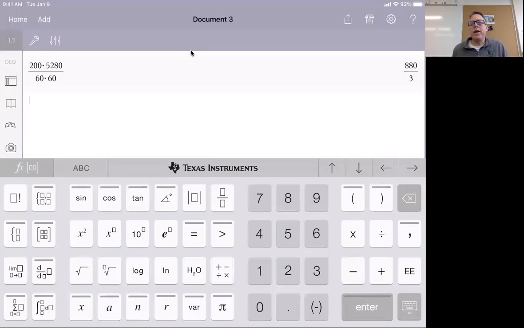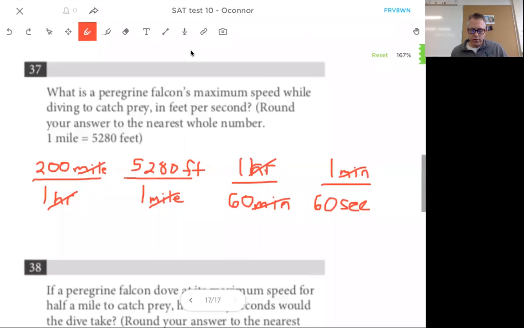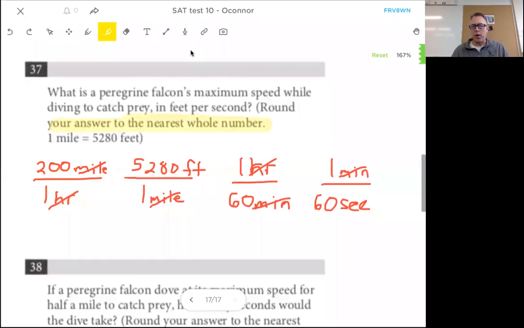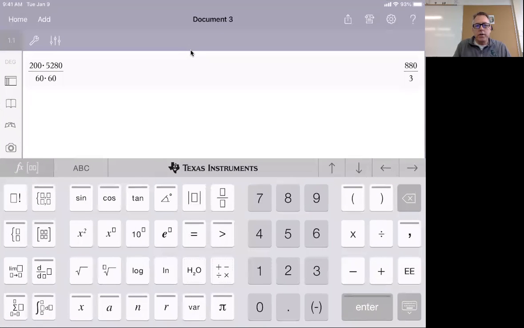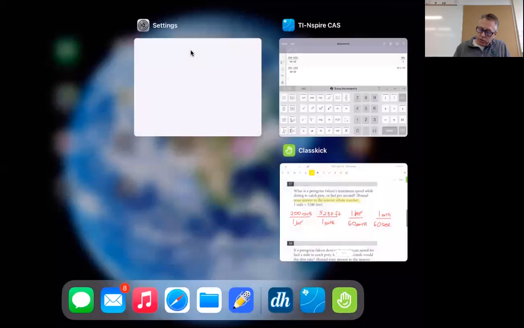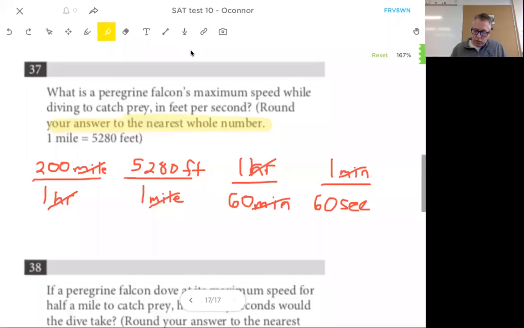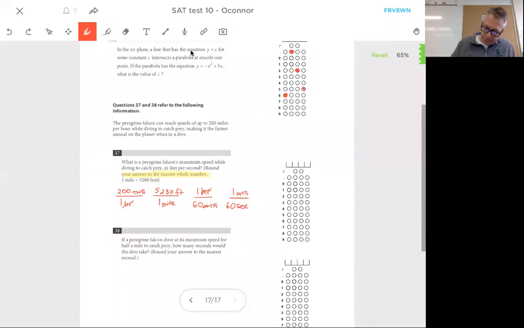And remember, if I hit enter, it's going to give me this fraction. Be careful, because the question says round your answer to the nearest whole number. If it says round it, we need the decimal approximation. So on your fancy TI Nspire calculators, remember you have to hit Control Enter to get an approximate answer of 293.3. So to the nearest whole number, that is 293.